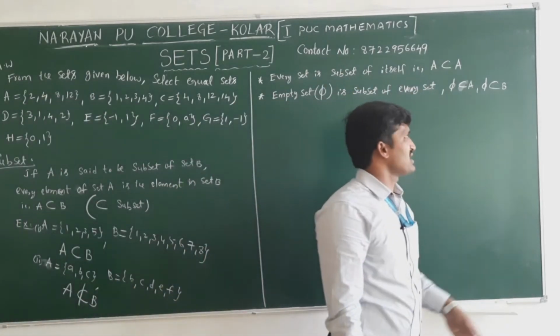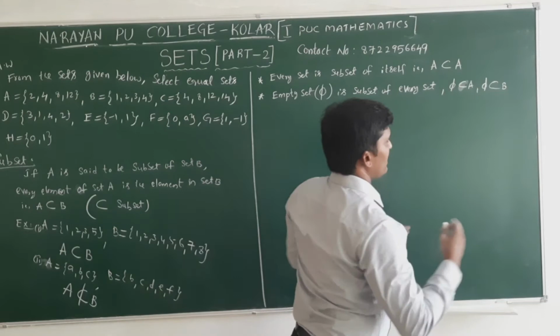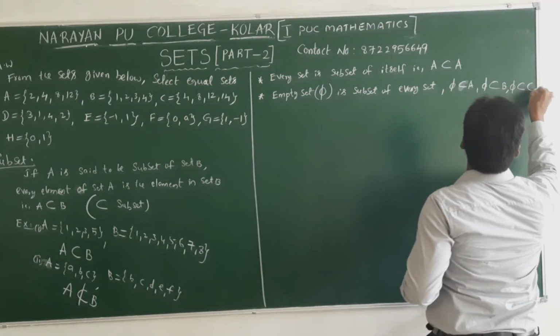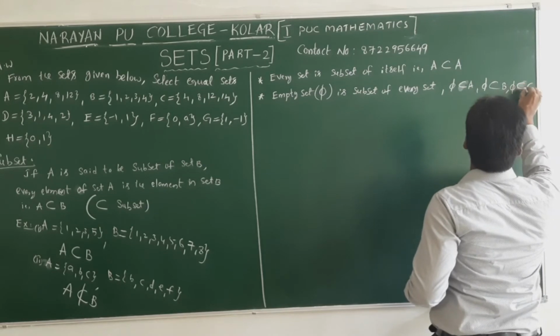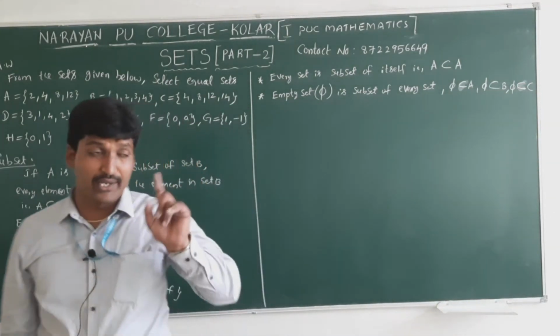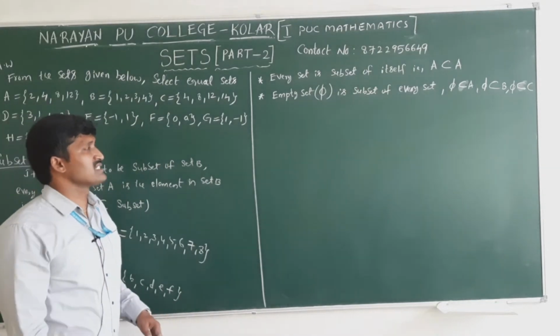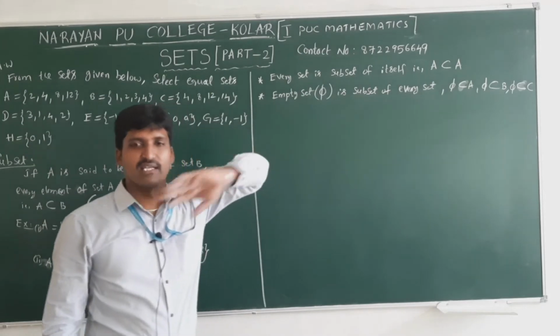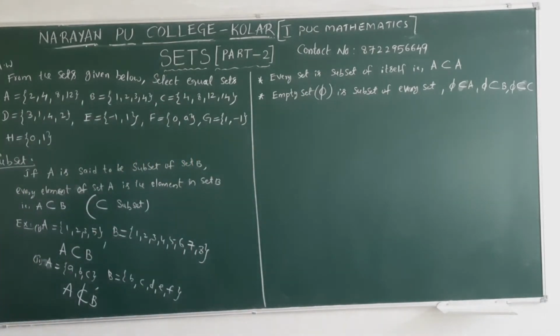You can take any number of sets: phi is a subset of B, phi is a subset of C, like that. Clear? Every set is a subset of itself, one condition. Another condition is the empty set is a subset of every set. Okay? This is a simple concept related to subset.